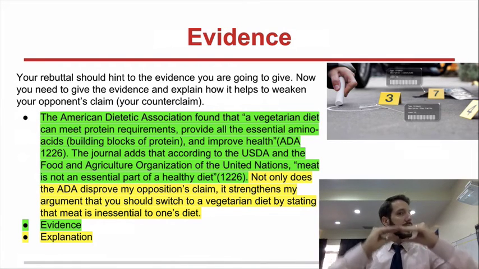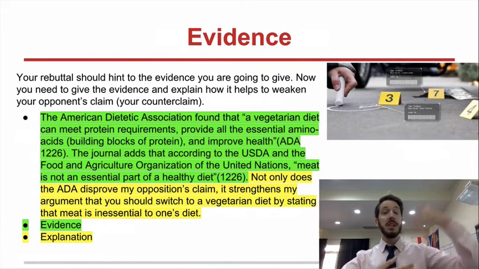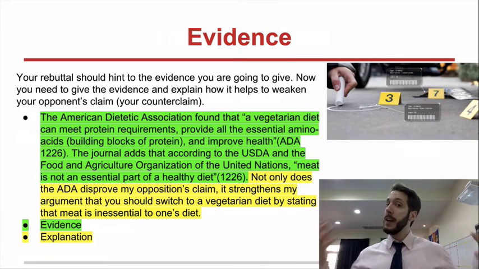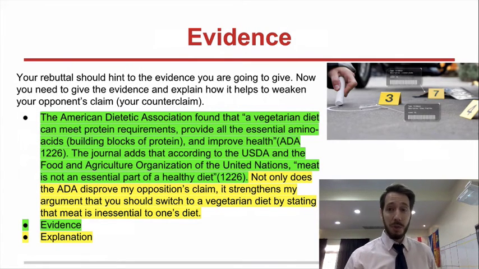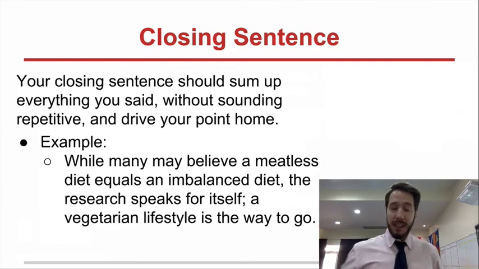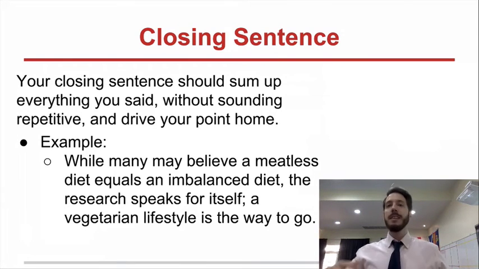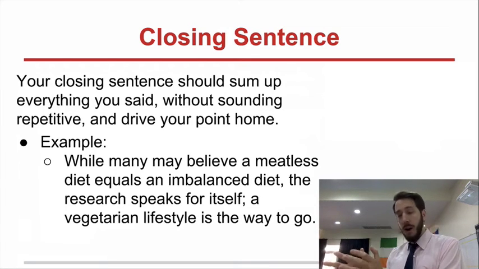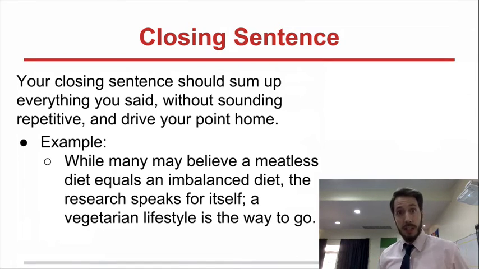How does it directly connect to the rebuttal that I'm using to defeat that counterclaim? That's where your analysis comes in there. And that's what you do next. At the end of a counterclaim, you just need a closing sentence. Just sum up everything you've said, driving the point home that although there are these opposing views, my argument is more valid using credible evidence.